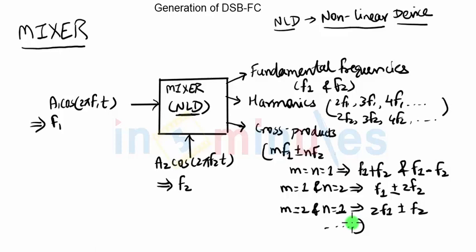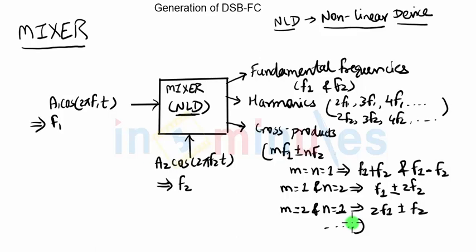So if you generalize this whole nature of the output, then you see that every possible component of the frequency will be present on the output side. Obviously, not all the frequencies will be present with equal amplitude. The frequencies will be present with varying amplitudes, and some of the frequencies may have very weak amplitude that you may not even recognize, or you may not even record them on the output side.